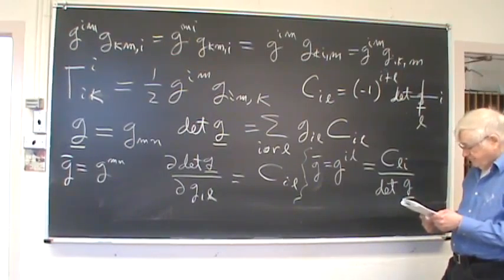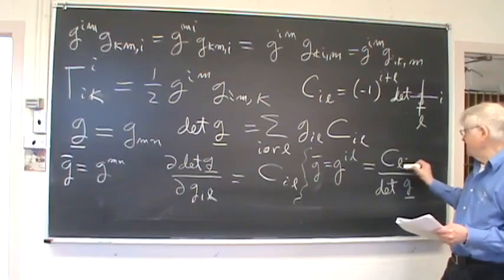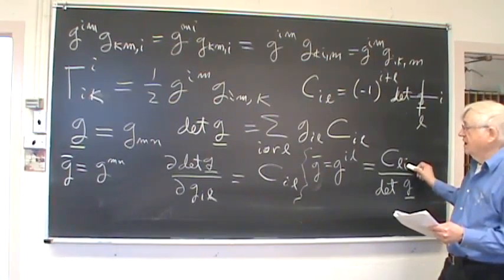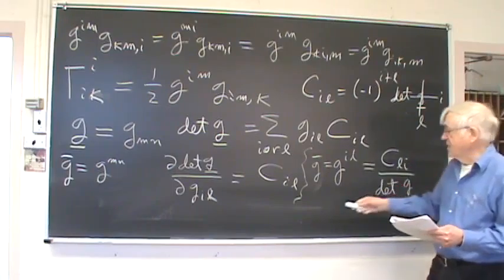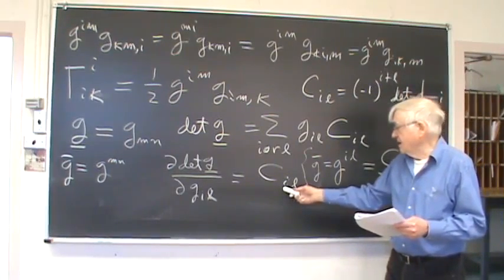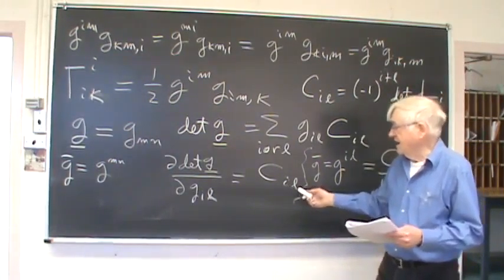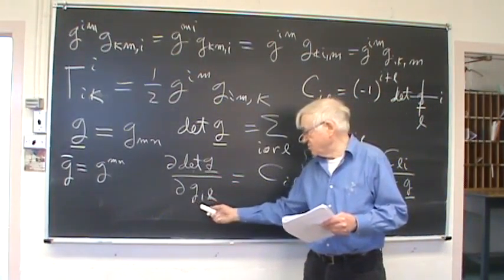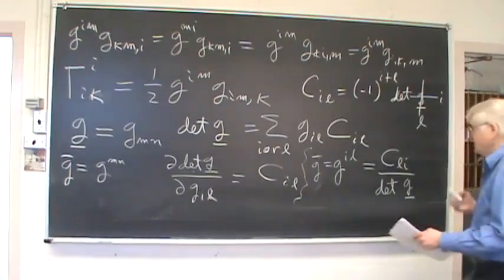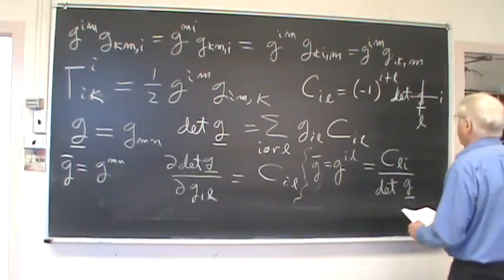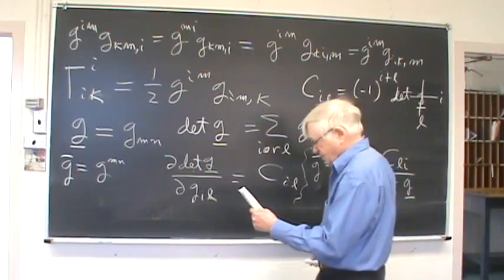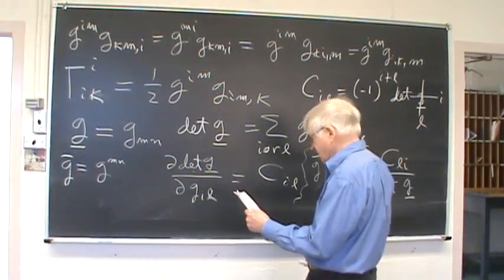All right. And now we see this is G^{IL}, C^{LI}, but remember, C^{IL} is the partial of the determinant of G underbar with respect to G_{IL}. So if we do L I, this board is getting crowded, but maybe I have enough space to do this.